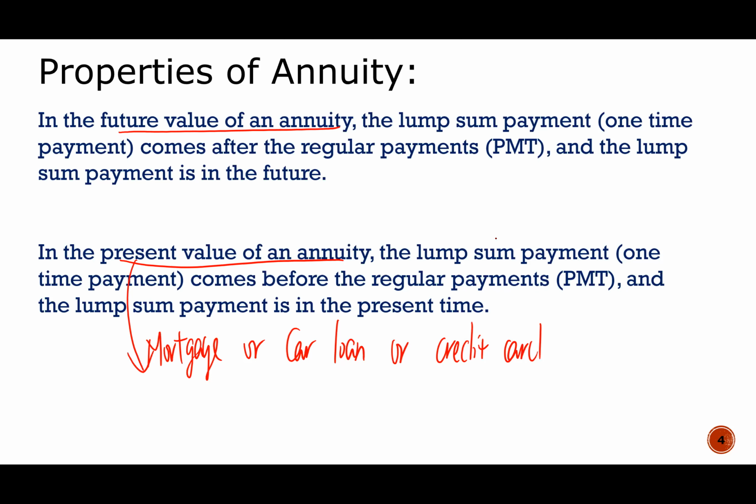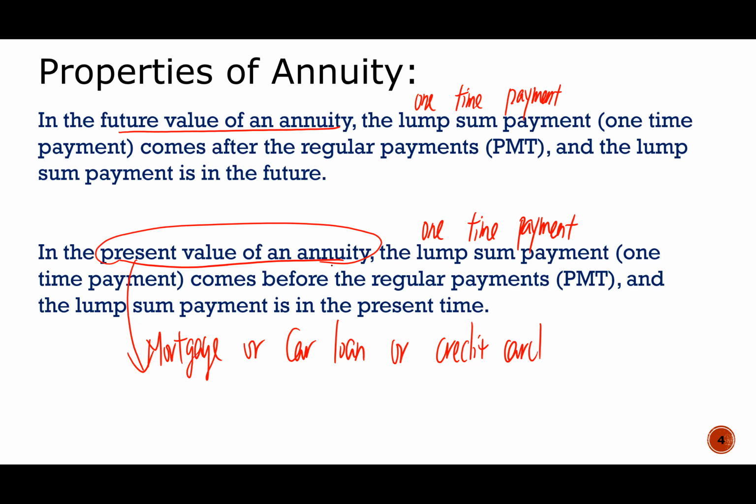So the lump sum payment, or one-time payment, will come at the present time. So this is the present value of the annuity.